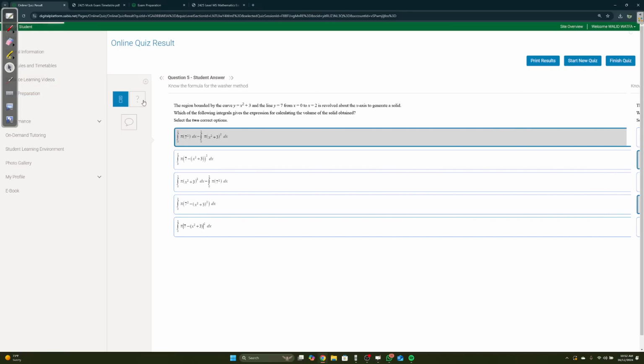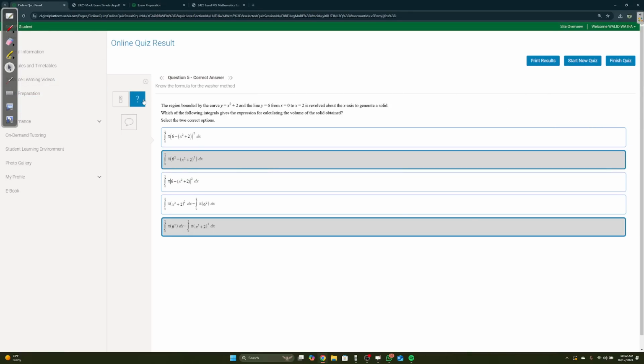Question 5. The region bounded by the curve y equals x squared plus 2 and the line y equals 6 from x equals 0 to x equals 2 is revolved around the x-axis to generate a solid. By the way, please pay attention to the question.